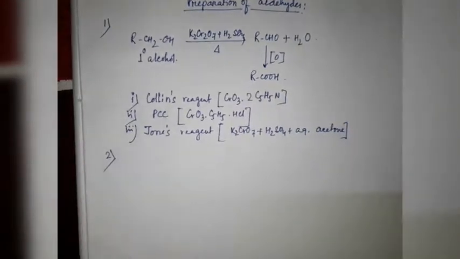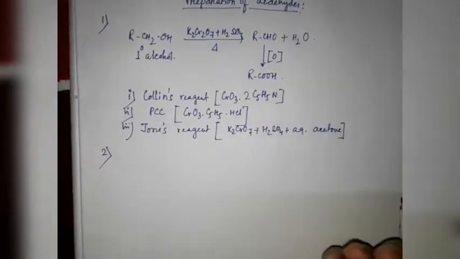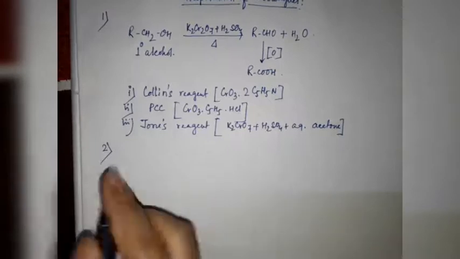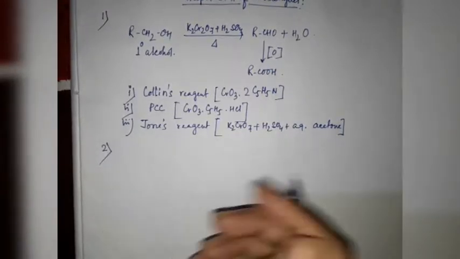Okay, so the next method is from calcium salts of carboxylic acids. By dry distillation we actually do it.